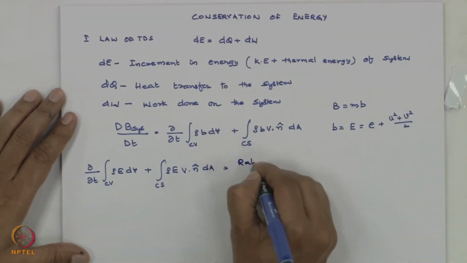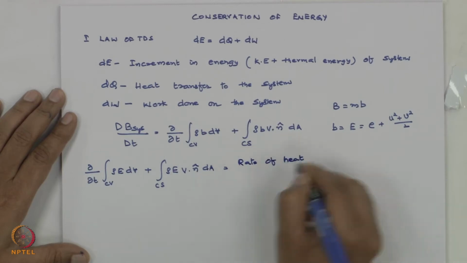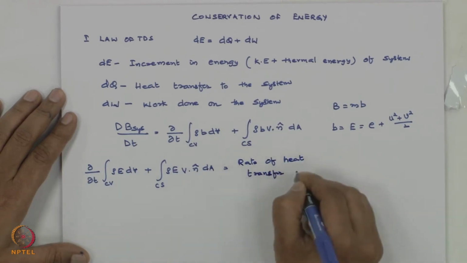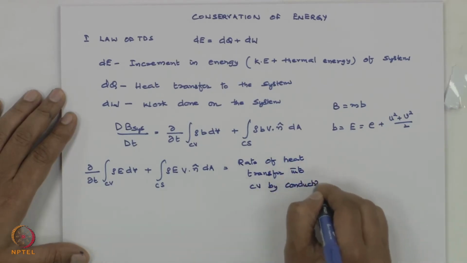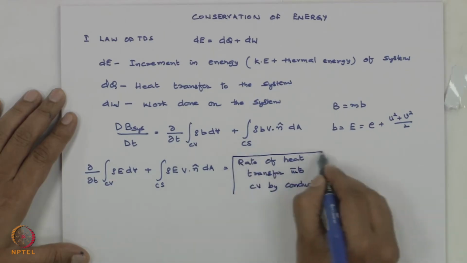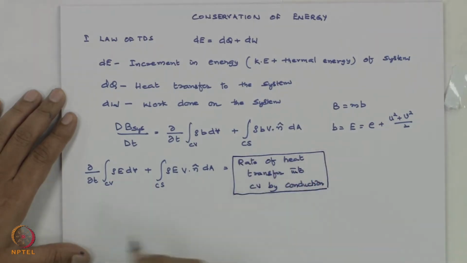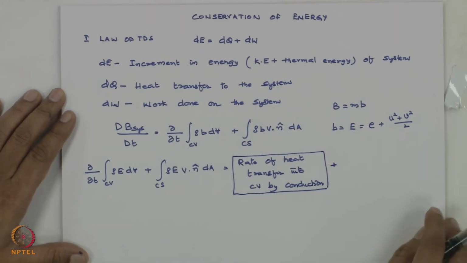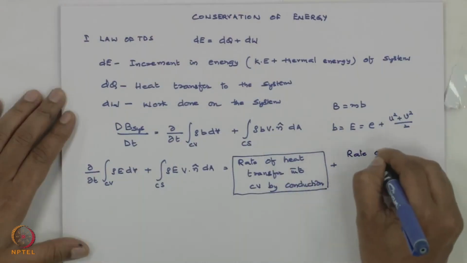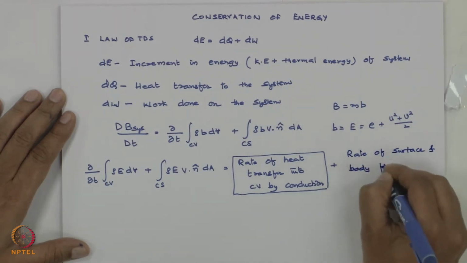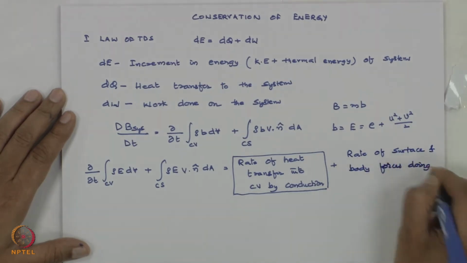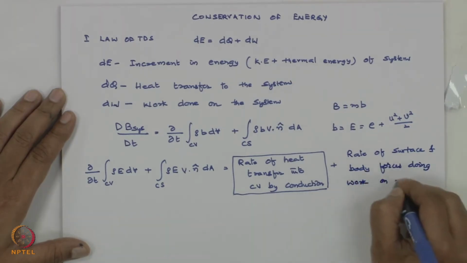That is the rate of heat transfer into the control volume by conduction, because the heat transfer is going to take place by conduction, plus the work done. Who is doing the work? All the forces are doing the work, the surface forces and the body forces. So the rate of surface and body forces doing work on the control volume.